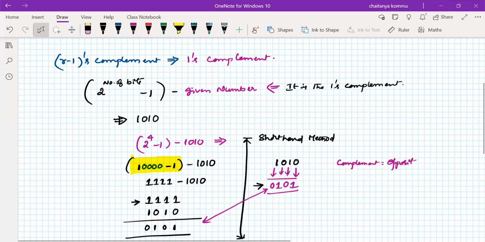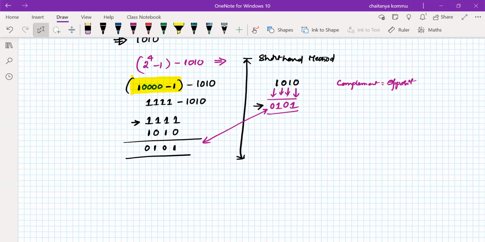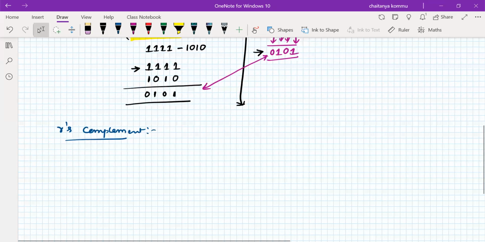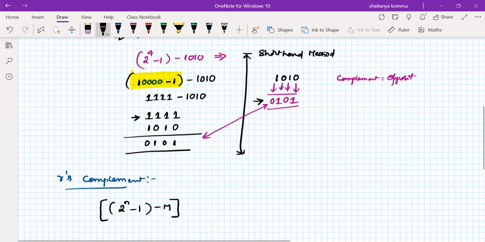Let us now talk about 2's complement or r's complement. Now let us consider r's complement in this binary number system. How do we perform it? You simply take 2 power n minus 1, where m stands for a given number.